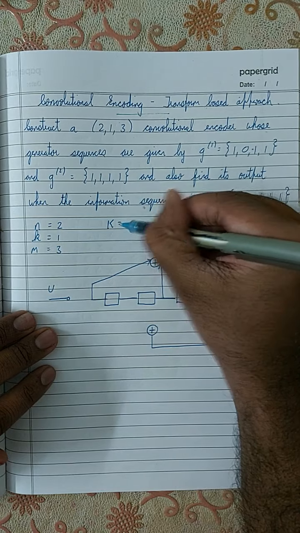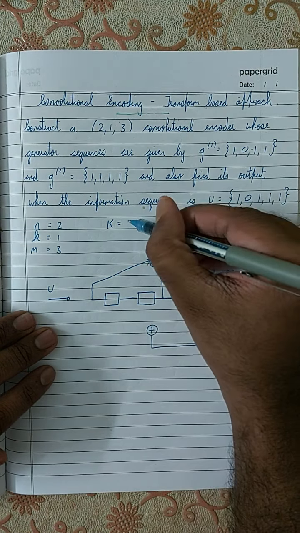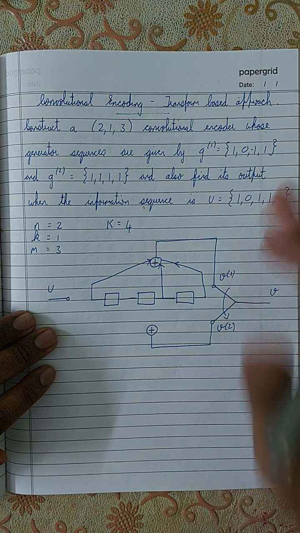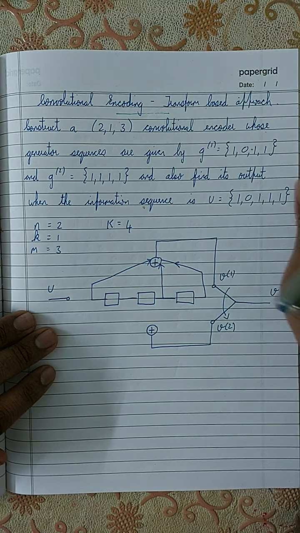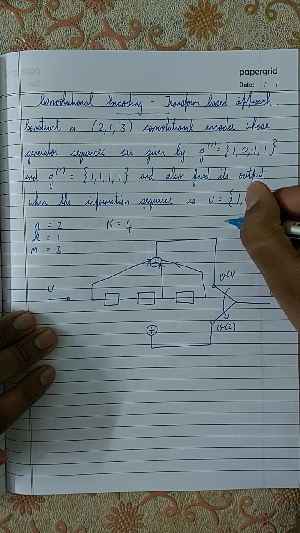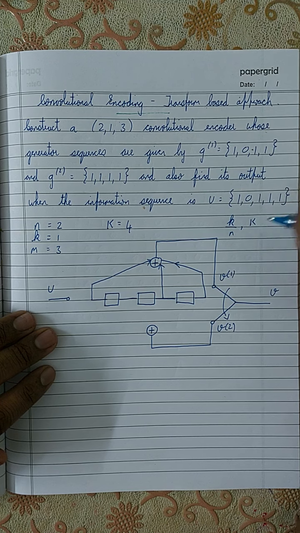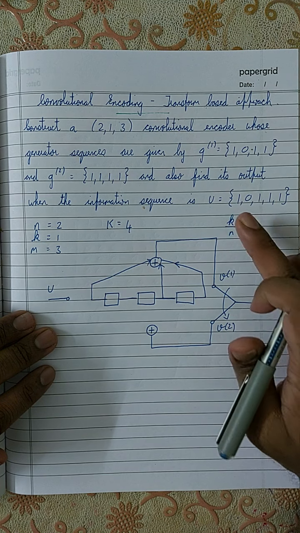This means that the constraint length, capital K, is equal to 1, 2, 3, 4. The constraint length is equal to 4. As we explained in the previous video, this can also be represented as k/n comma capital K. What is it? 1/2.